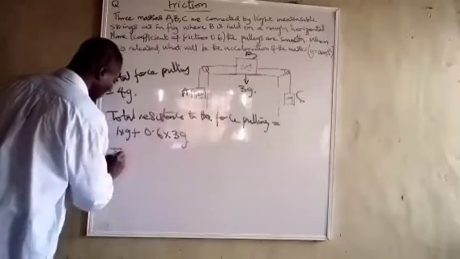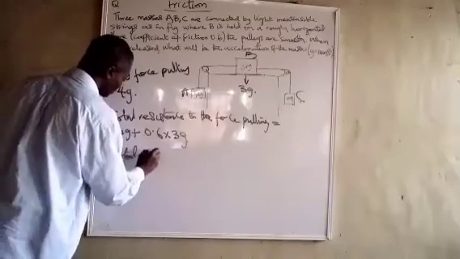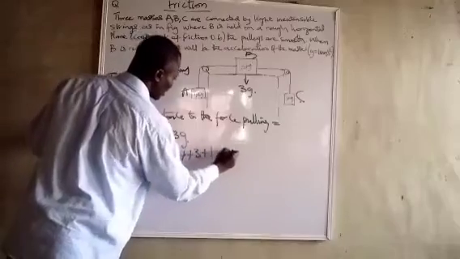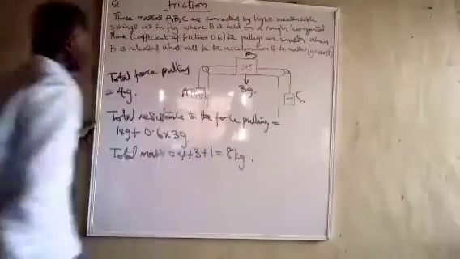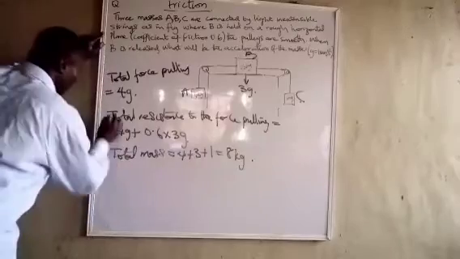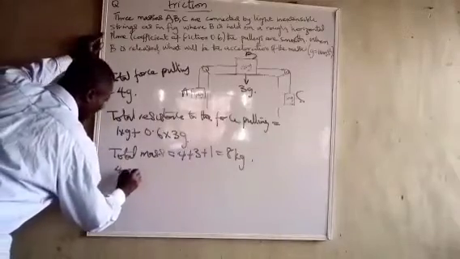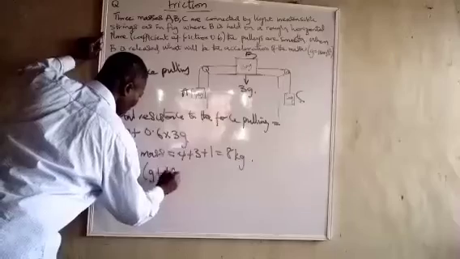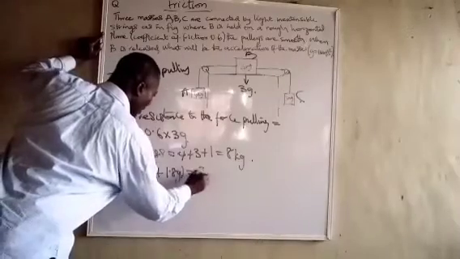What is our total mass? We have 4 plus 3 plus 1, 8 kg. Therefore, 4g minus g plus 1.8g is equal to 8a.